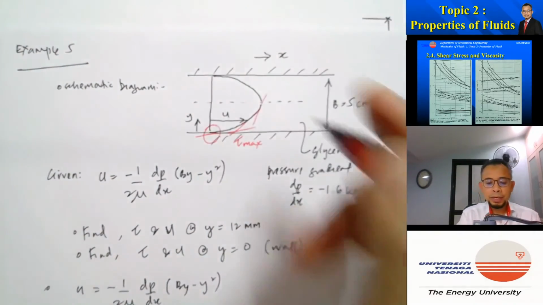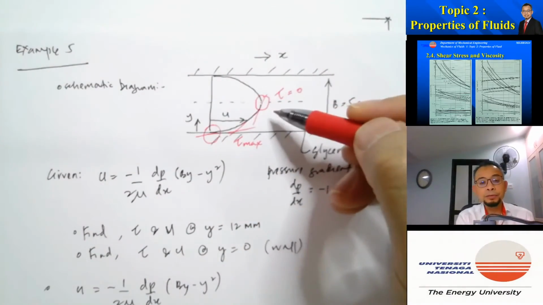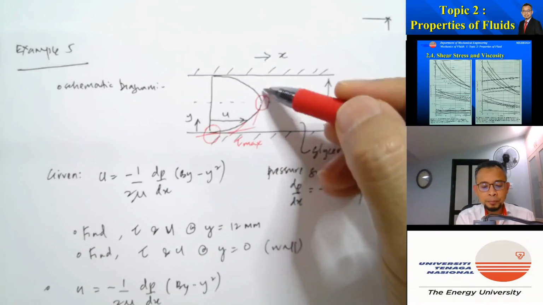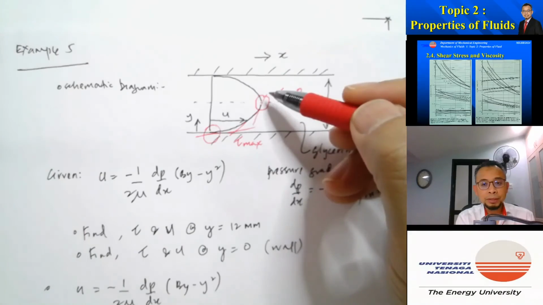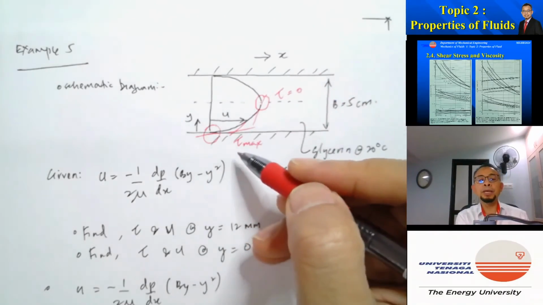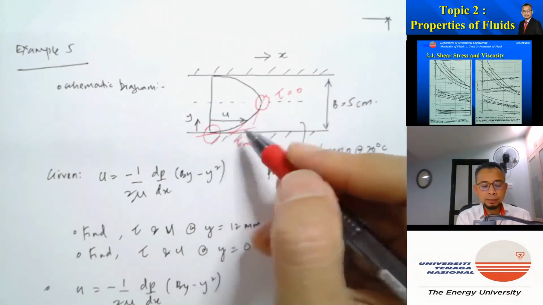Whereas in the middle, the shear stress is actually 0 because the velocity gradient is actually infinite, and 1 over infinity is 0. So shear stress is 0 in the middle and maximum at the wall because the velocity gradient is very high there.